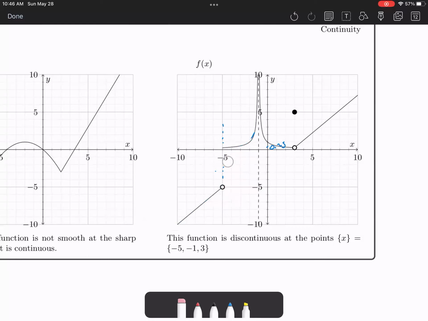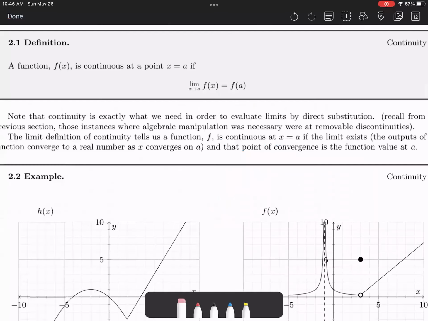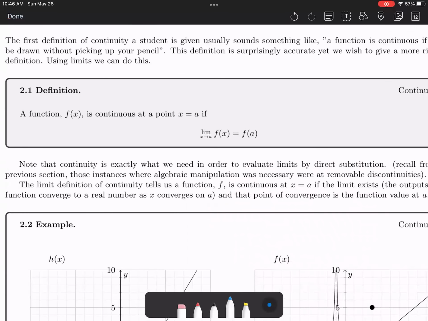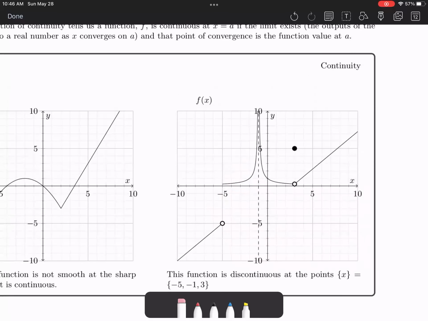And if the limit doesn't exist, then there's no way that this definition is satisfied, right? The limit cannot equal the function value because the limit doesn't even exist at -5. So we call this a jump discontinuity. Easy to remember because your function jumps at that x value.